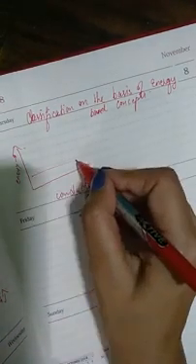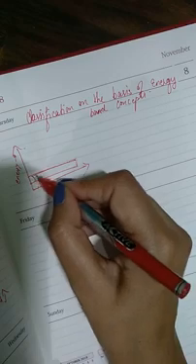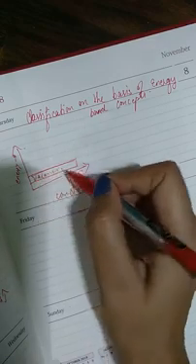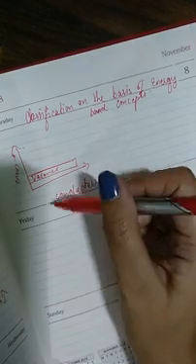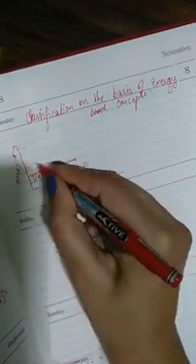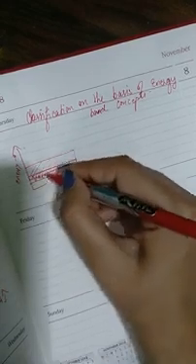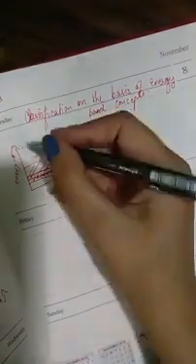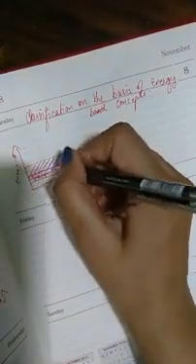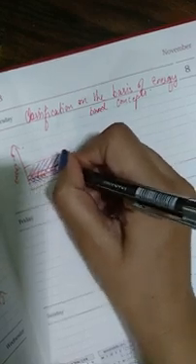Now first band is valence band. Now in a conductor, valence band and conduction band overlap. The upper band, I'll draw with a different color, is conduction band. The lower band is valence band.